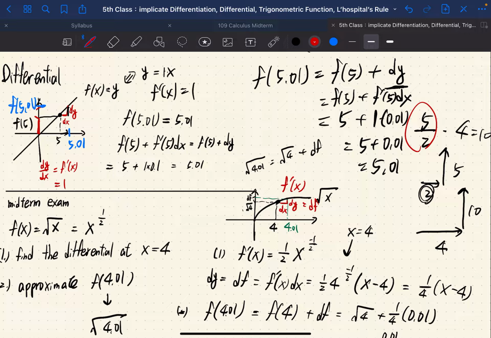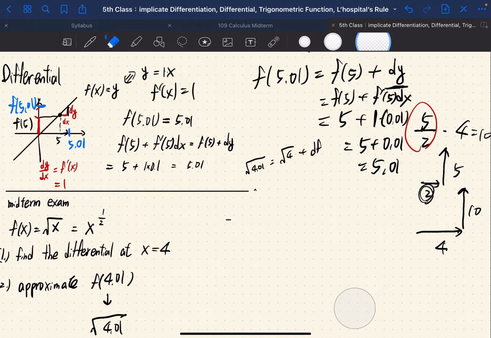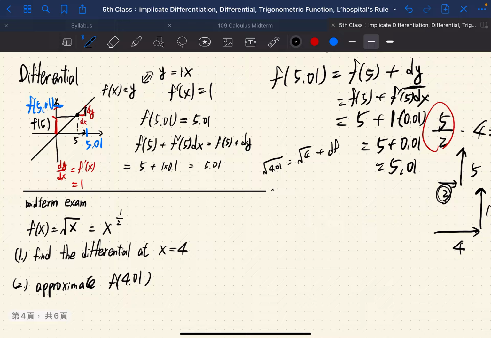Alright. So the question asks, there's a function f of x equals the square root of x, and you want to find the differential at x equals 4 and approximate f of 4.01.